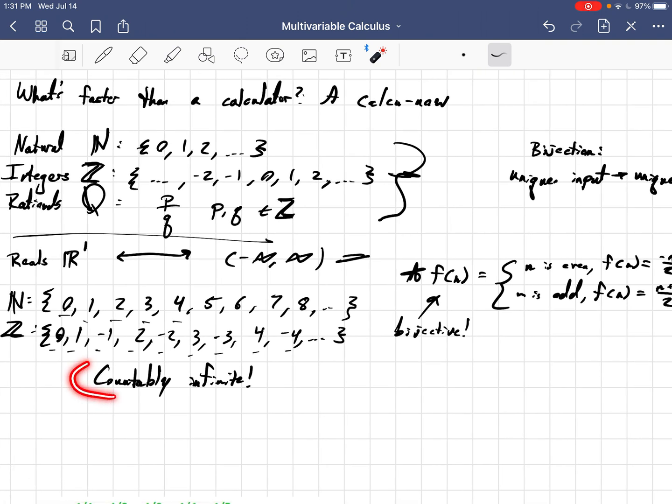In other words, the fact that if we can devise a way to list out all of the rationals such that we could count them all while being guaranteed to not miss any, then that would show that the naturals, the integers, and the rationals all have the same, quote, cardinality or size, and they're all countably infinite.